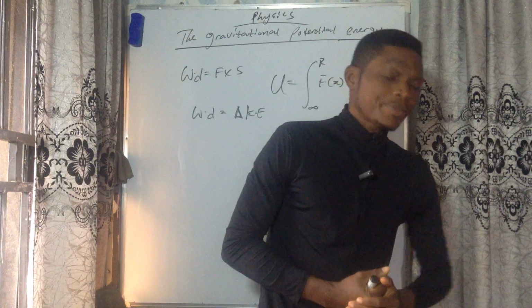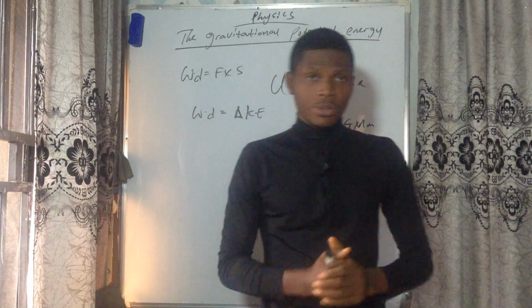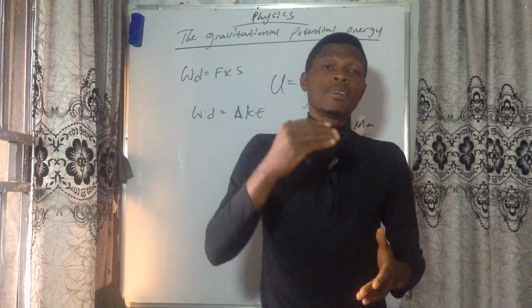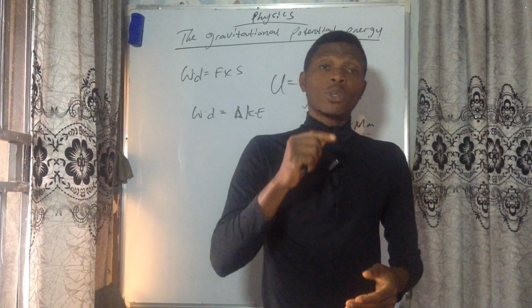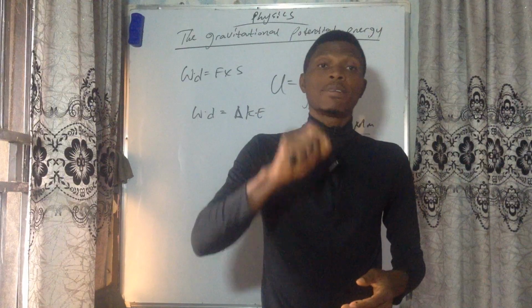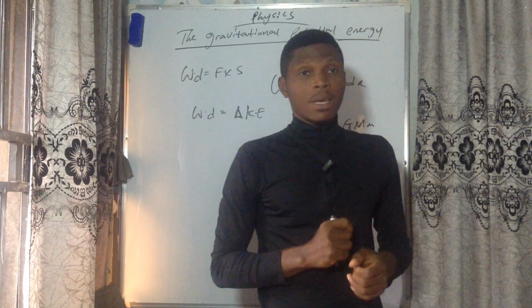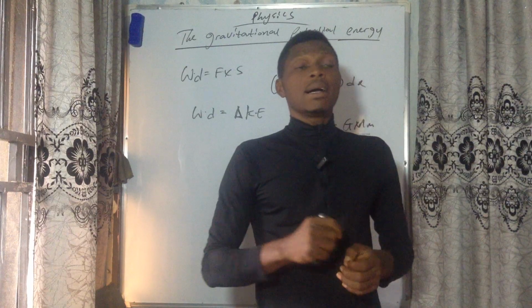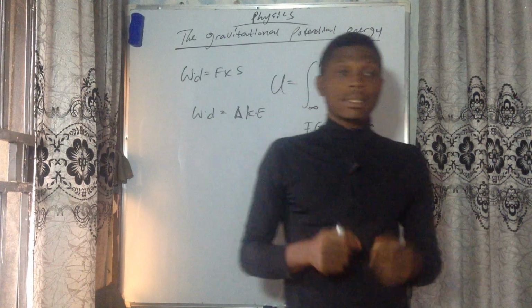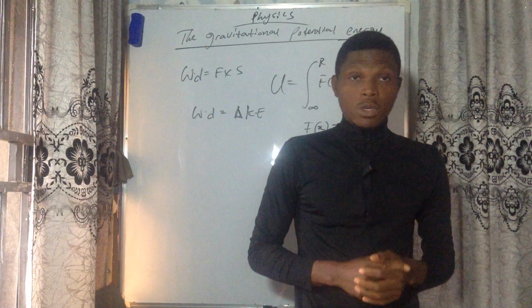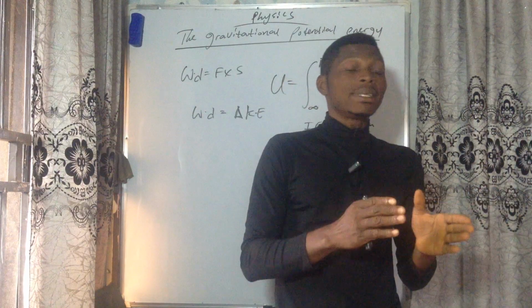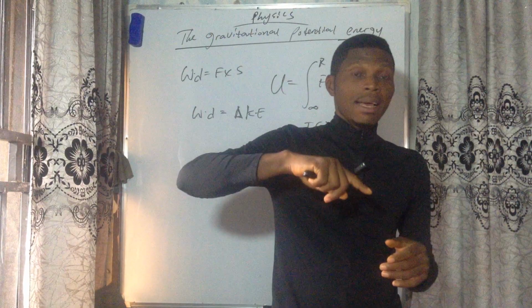Now, remember that the gravitational field is a conservative field, and the gravitational force is a conservative force. What is a conservative force? A conservative force is a force such that the work done by the force between 2 points on the field is independent of the path taken.